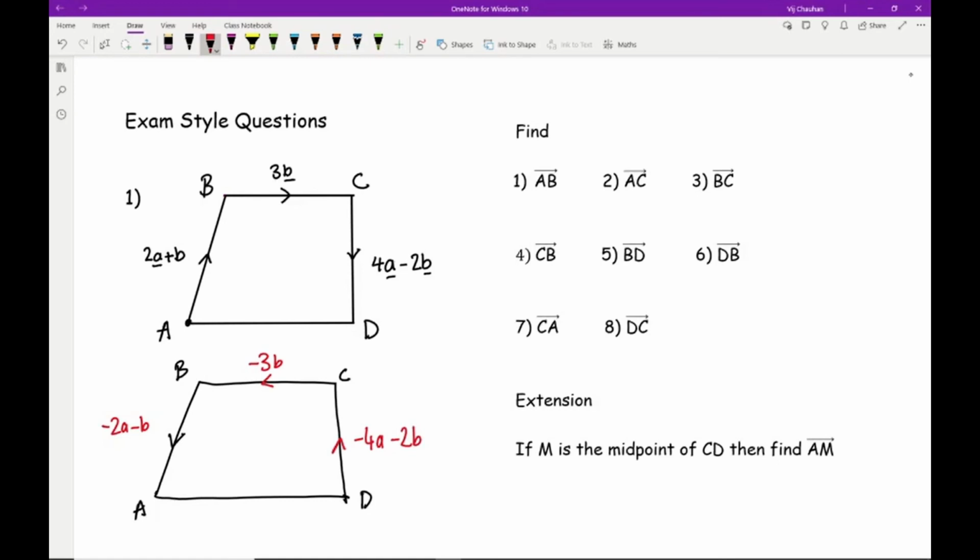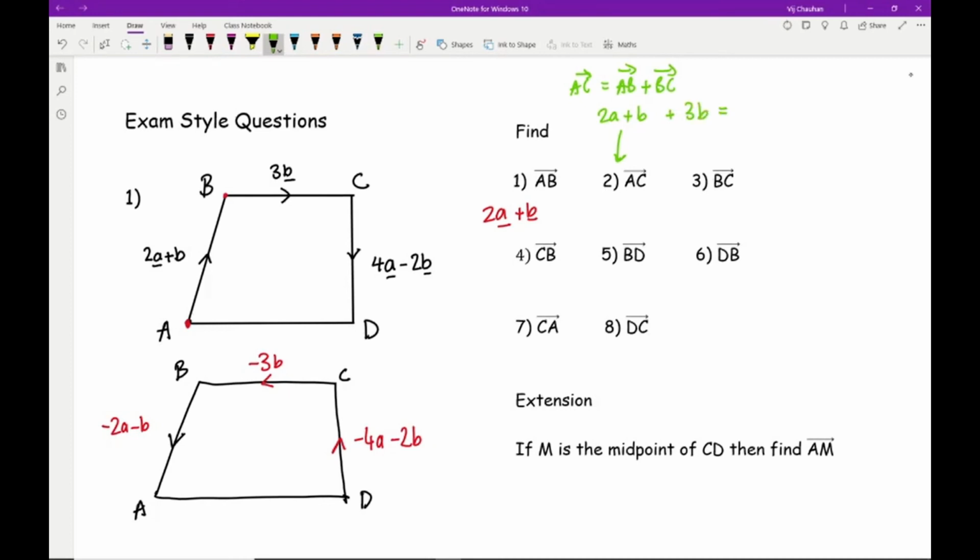So now with these two diagrams, that can help me answer A to B. Now A to B, I need to find A, find B, and go the arrow that takes me in that direction. So for question 1, it's going to be simply 2A plus B. For question 2, to get from A to C, I'm going to go the route of A to B plus B to C. So A to B is 2A plus B, and B to C is 3B.